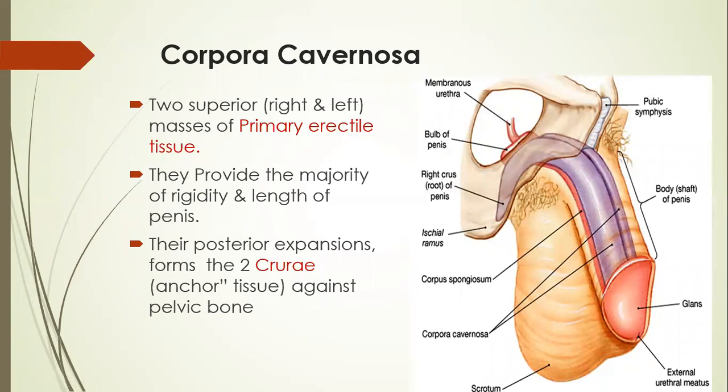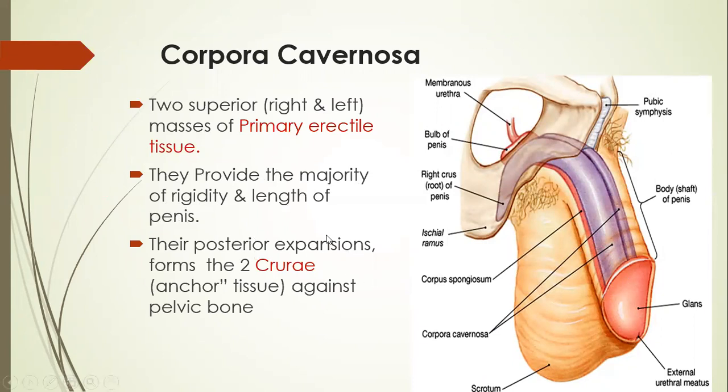The 2 superior right and left masses of primary erectile tissue are the main erectile tissues which will help in erection. They provide the majority of the rigidity and length of the penis. So whenever the blood is filled into this, they will give rigidity as well as length to the penis.